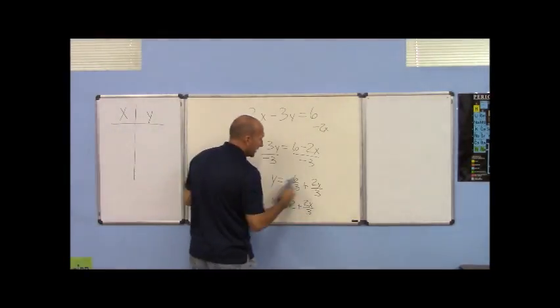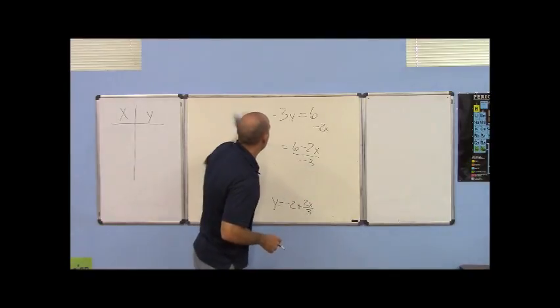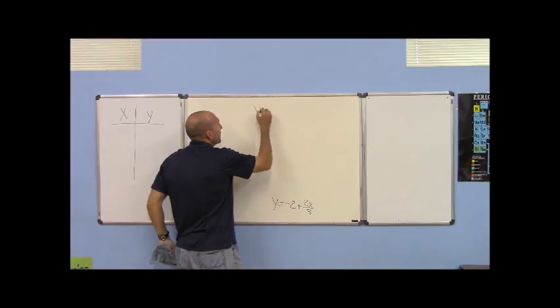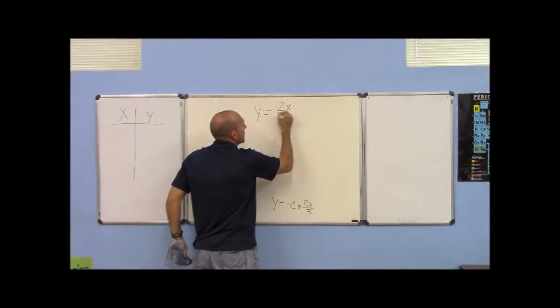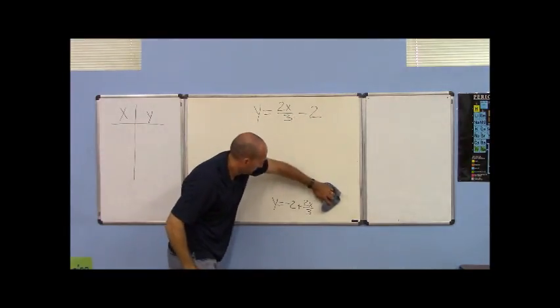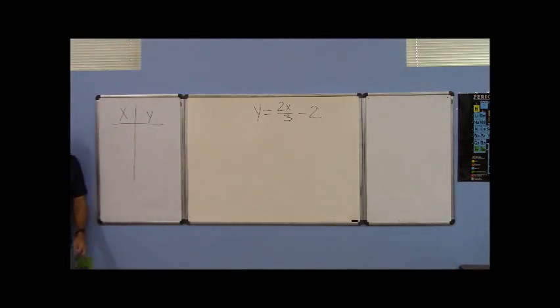Since we know how we got here, I'm going to rewrite this up top. Y equals, we'll do it this way, 2x over 3 minus 2. Okay, so somebody give me a value for x so that we can solve for y.